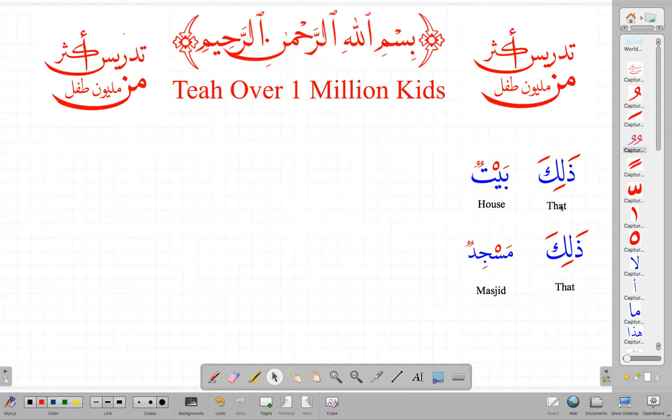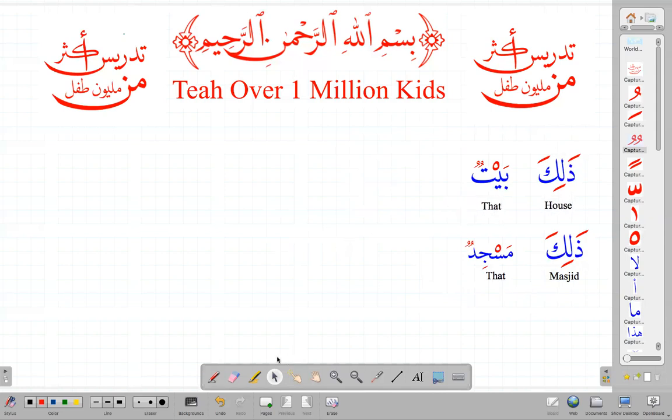That is the house and that is the masjid. What's missed here? That is the house. That is the masjid.